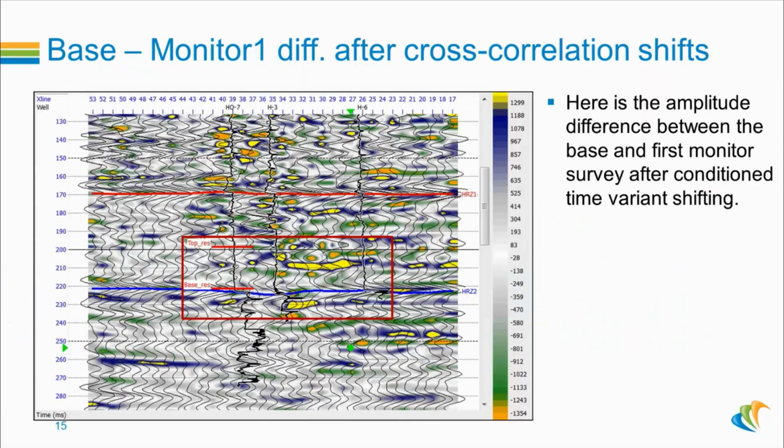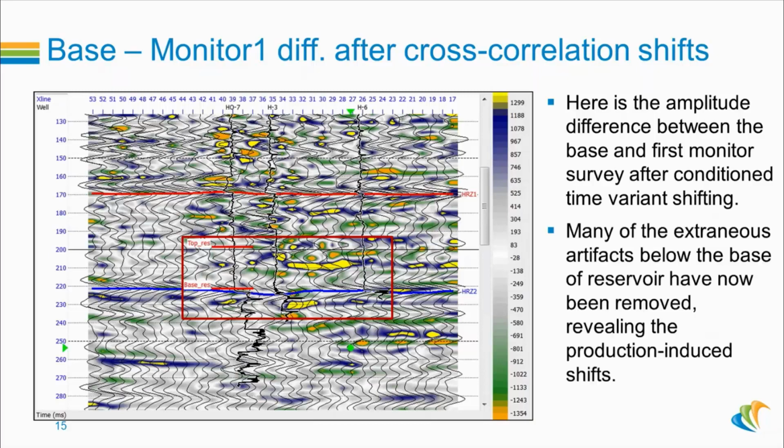Now, once we apply those shifts, notice now that we've done a much better job of removing the extraneous artifacts below the base of the reservoir, and also we've improved the look of the anomaly between the top and base of the reservoir. Okay, so those, of course, are revealing the production-induced shifts.